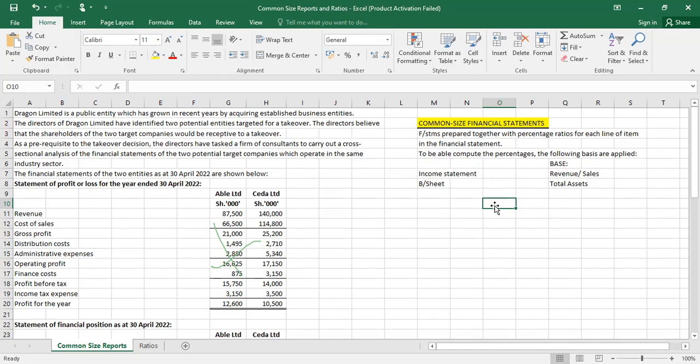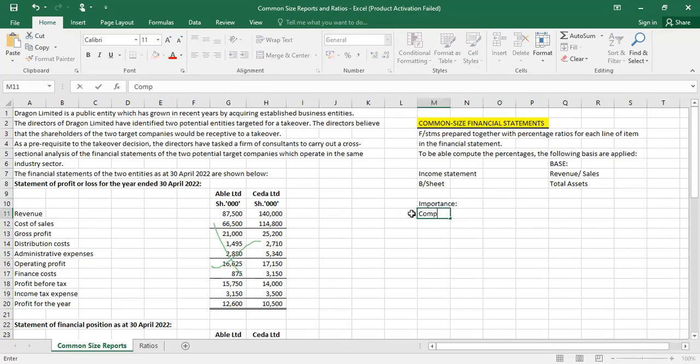And so, of what importance are the common size financial reports? Both of them are used for comparison.